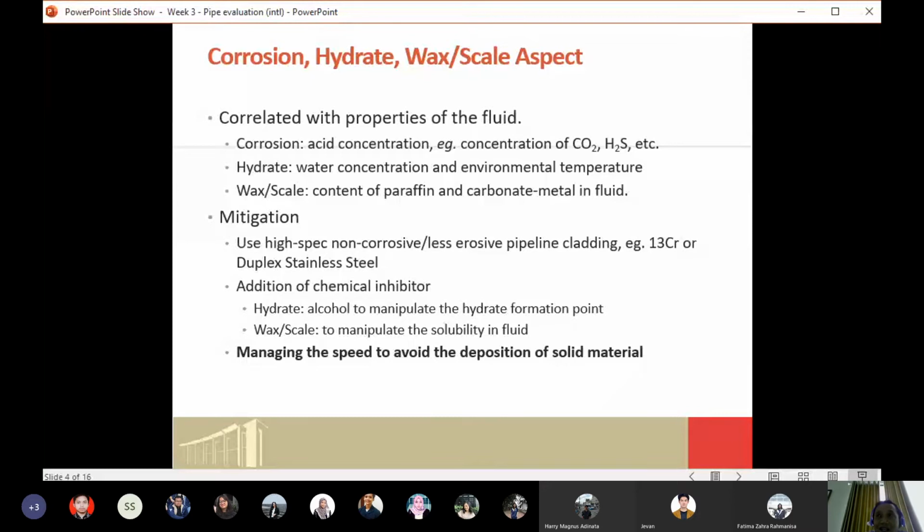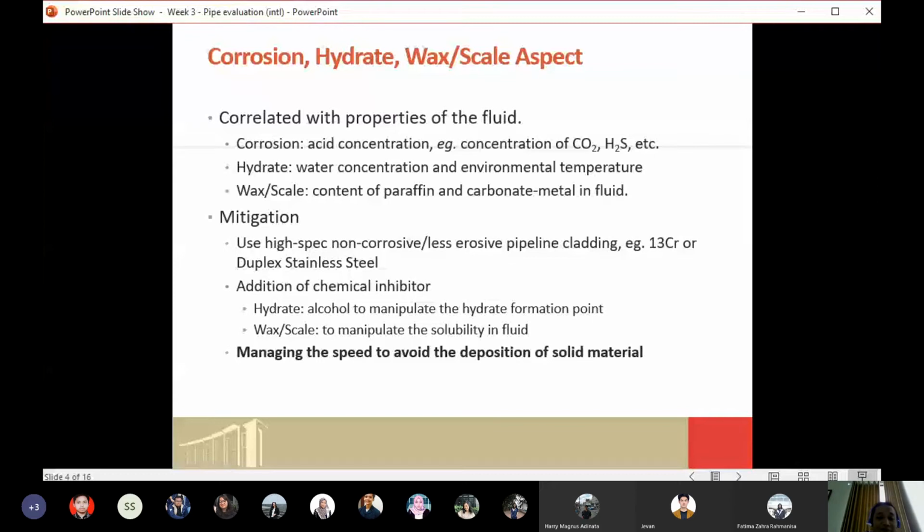Remember that carbonate deposition is due to the solubility of the solid particles in the liquid. If you still remember the basic chemistry course, sometimes it is called the Ksp, in Indonesian hasil kali kelarutan. That is the terminology for solubility.